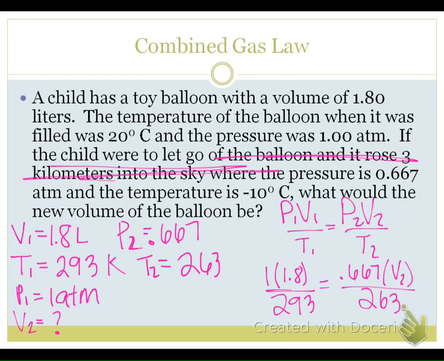So how do we go about solving this particular equation? We can cross multiply and divide. It might be a little simpler to just solve this whole term first, then multiply this 263 up, and divide this 0.667 down. So we'll solve for V2, and tell me what we get.